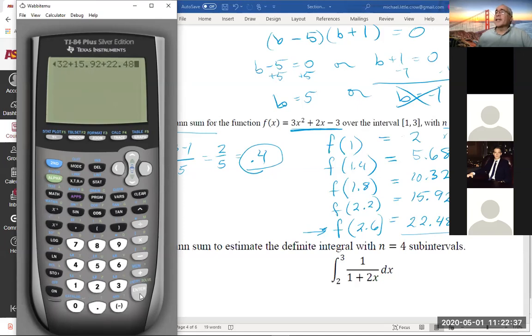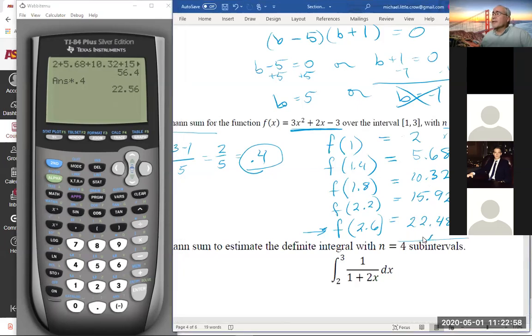And hopefully you were watching, looks like we got it all correctly. So that's 56.4, and then we multiply that by 0.4, which is 22.56. Okay, so we added these.